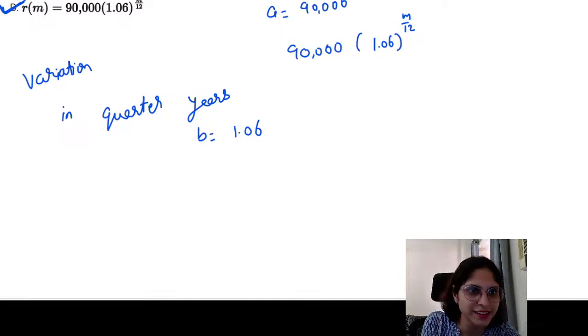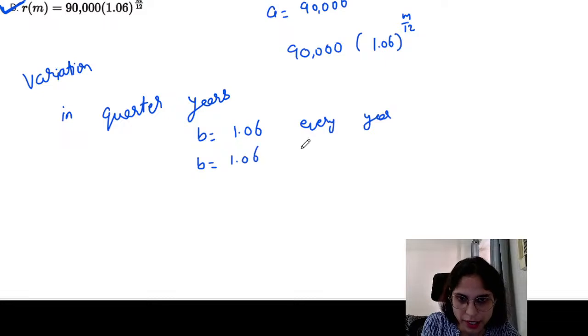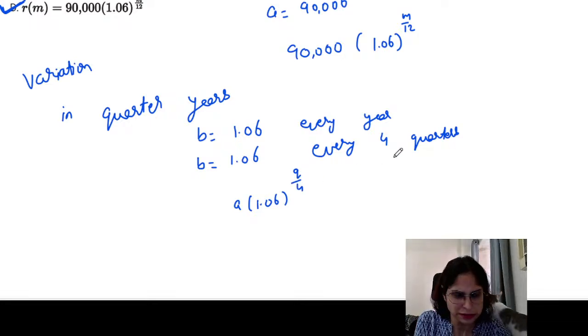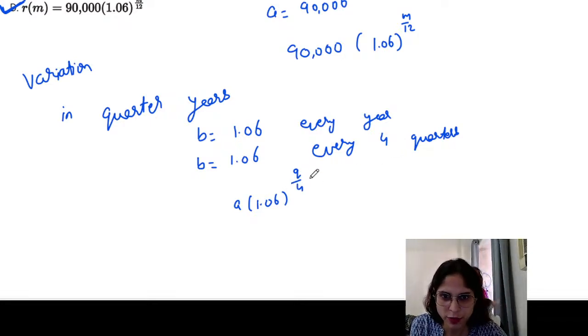So B has to be 1.06 every 4 quarters, because in 1 year there are 4 quarters. That is why it will be 8 times 1.06 to the power Q over 4. Because every 4 means you have to divide by 4. Every 12 means you have to divide by 12.